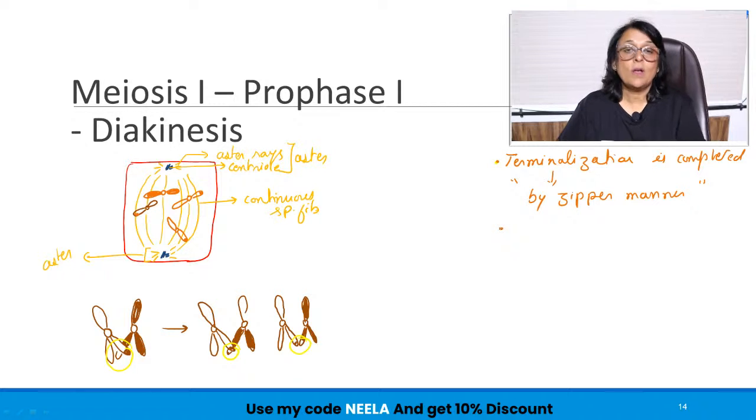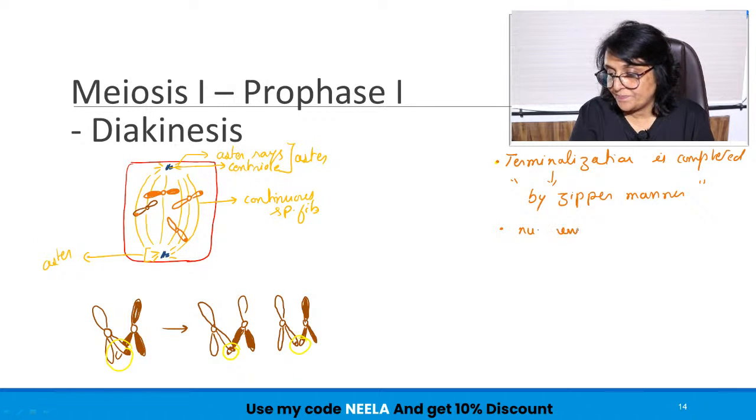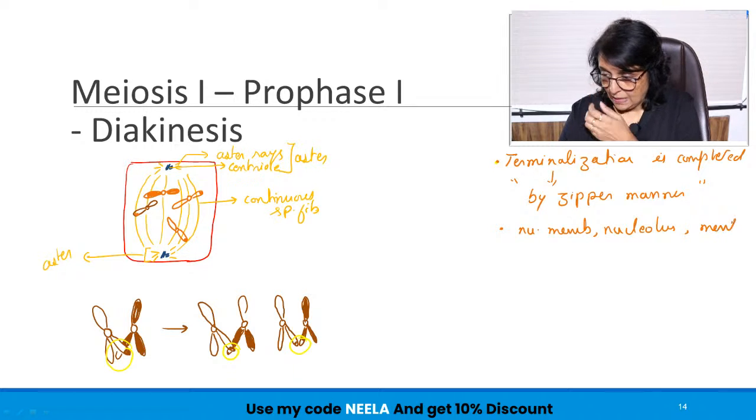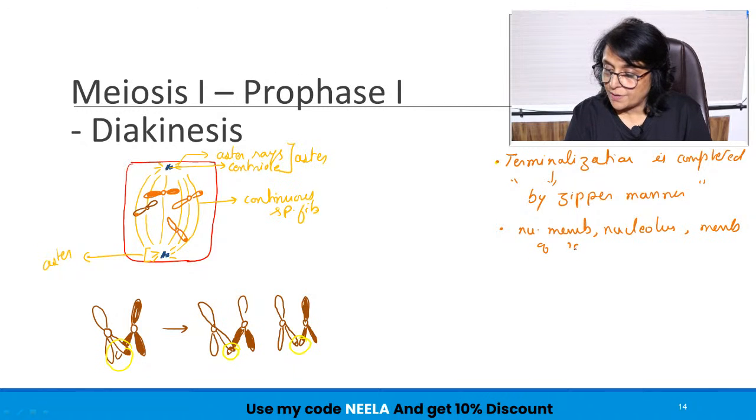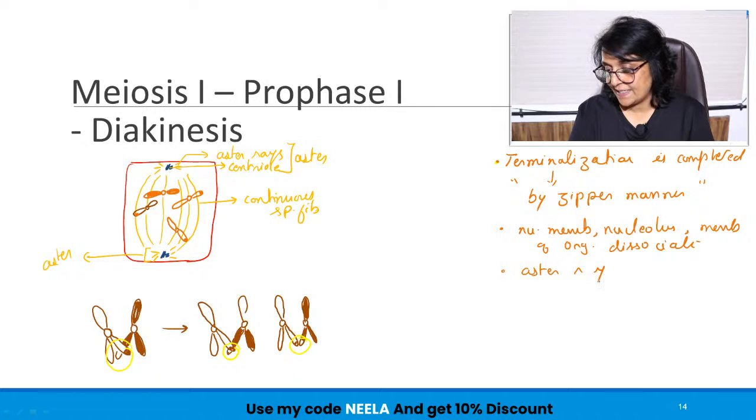So what all things are happening here? End of prophase I. Nuclear membrane, nucleolus, membrane of organelle dissociate.